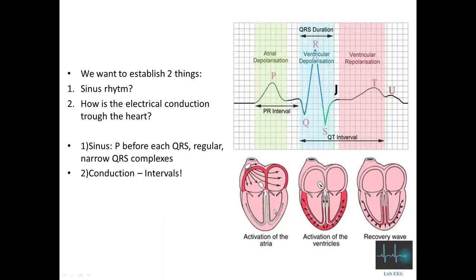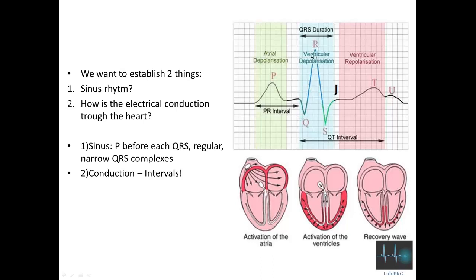Now about the conduction, when we think about conduction, we want to look at two specific intervals that determine how the electricity travels through the cardiac tissue. Now the first one we look at is this PR interval. The PR interval tells us how long it takes for the electrical impulse to travel from the atria and through this pause it has in the AV node, allowing the ventricles to fill up with blood before systole.